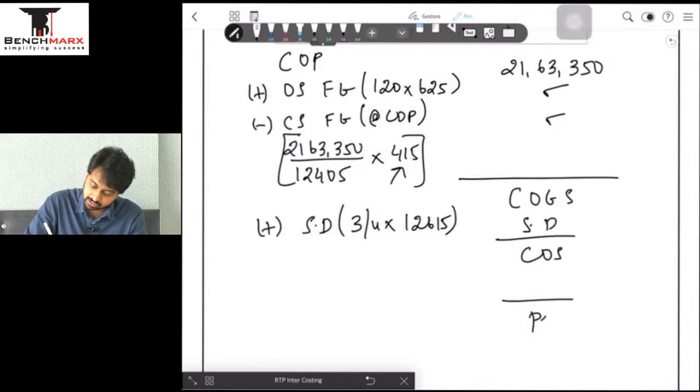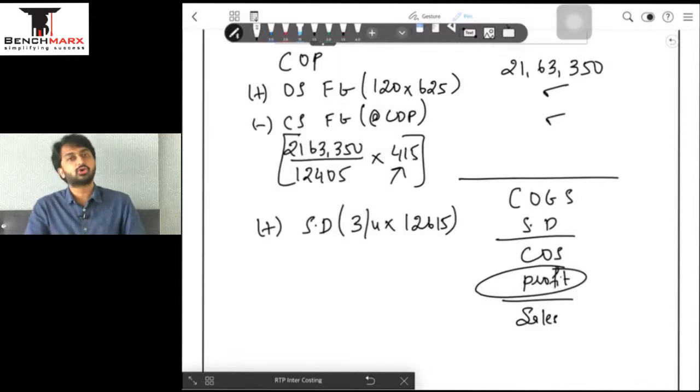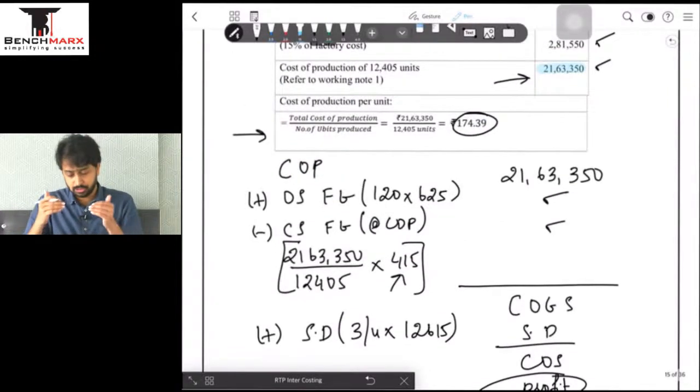Compare cost of sales with the sales, and I will ultimately get the profit, and this profit will be as per the costing records. So this is how the cost sheet is to be prepared.